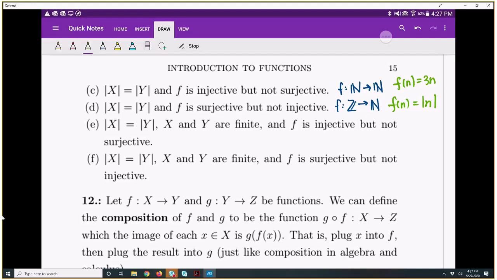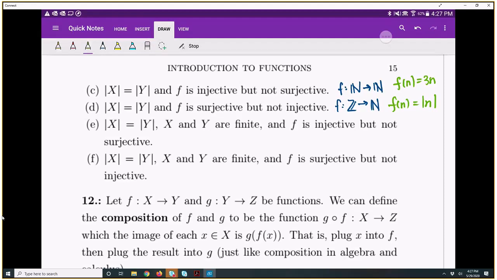And we discussed when we talked about cardinality that we have different ideas about infinity, but for our purposes, we're just talking about these discrete sets. We're just going to take it so far as to say they're both of infinite cardinality. But clearly it's not injective because the absolute value function, both -1 and +1, will give you back 1, and so on.